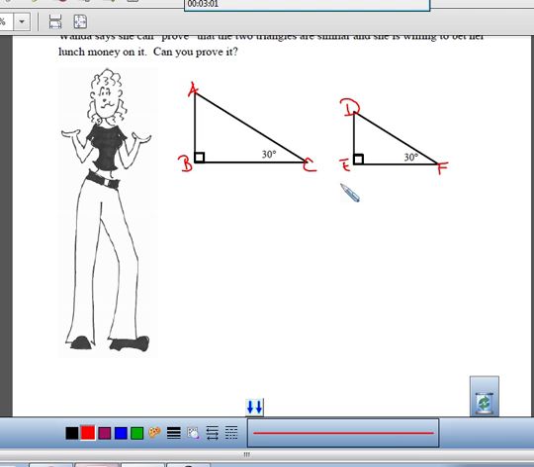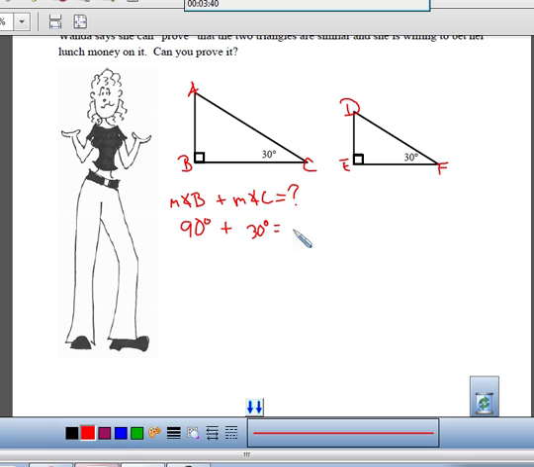Alright, so here's what we are going to do. Let's take a look at the first triangle here. So the measure of angle B plus the measure of angle C is going to equal something. Now you can tell angle B is 90 degrees, and you can tell angle C is 30 degrees.